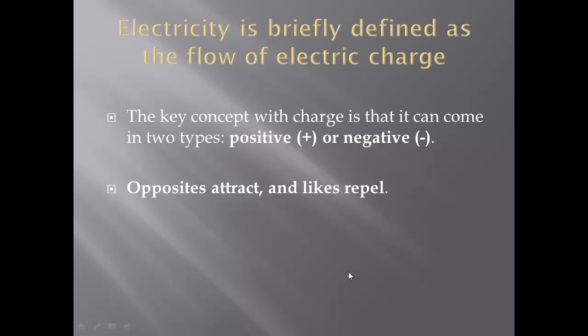So electricity is briefly defined as the flow of an electric charge. We know there's two types, positive and negative. And if you ever messed with a magnet, you know that opposites attract and likes repel. If you ever try to push two magnets together on the positive ends or negative ends, and there's that sort of invisible force field there, that's tied in with how we create electricity.